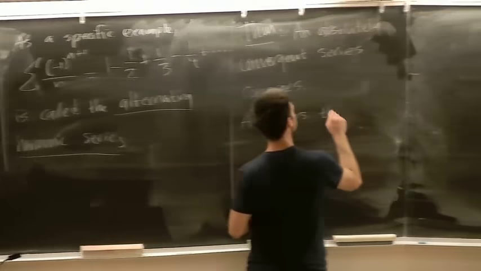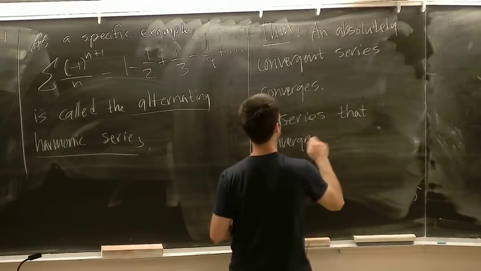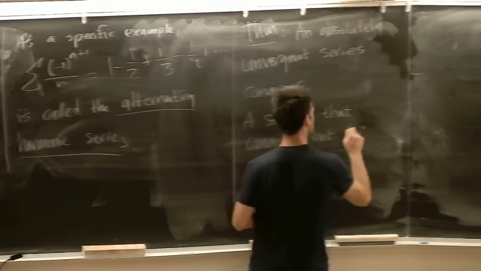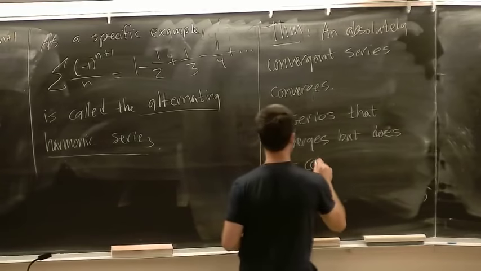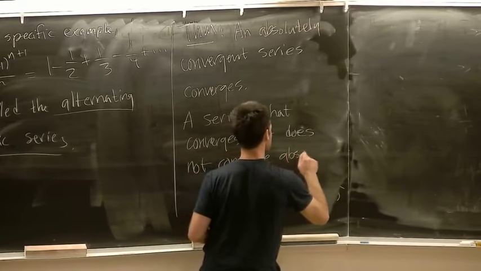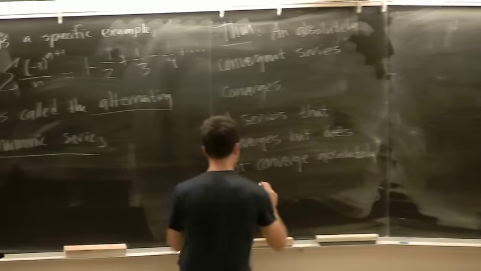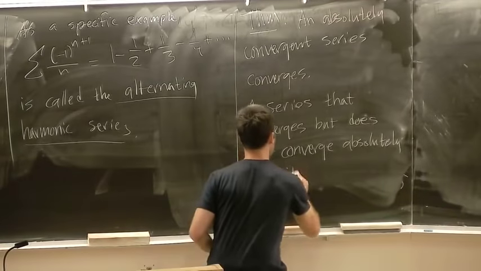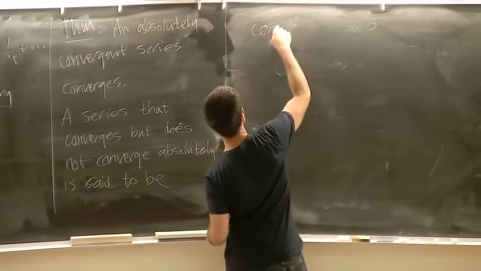A series that converges but does not converge absolutely is said to be conditionally convergent.